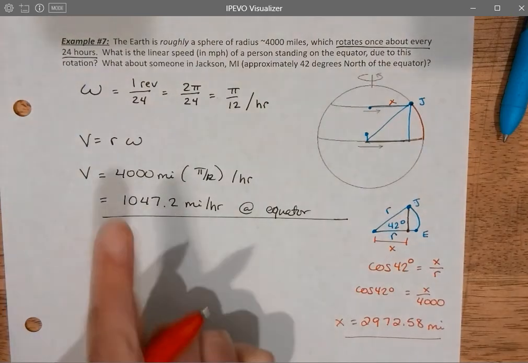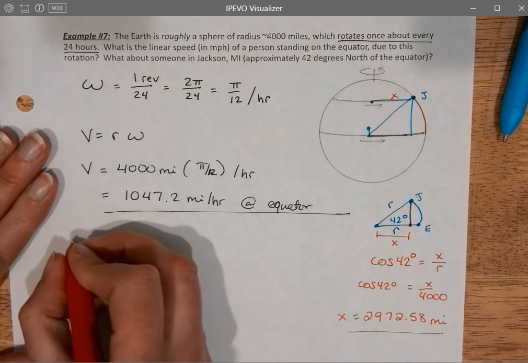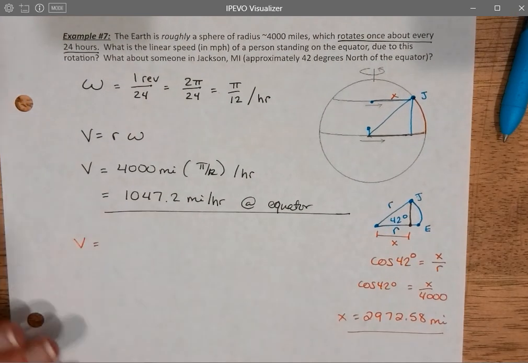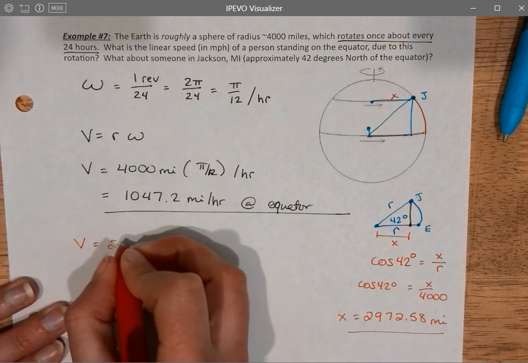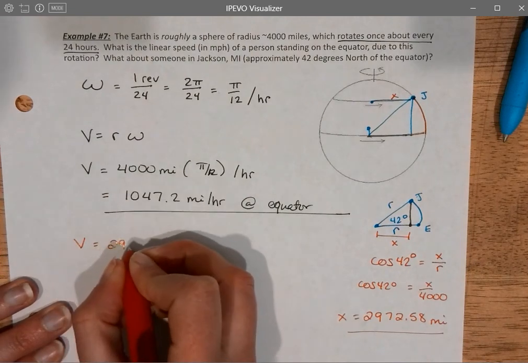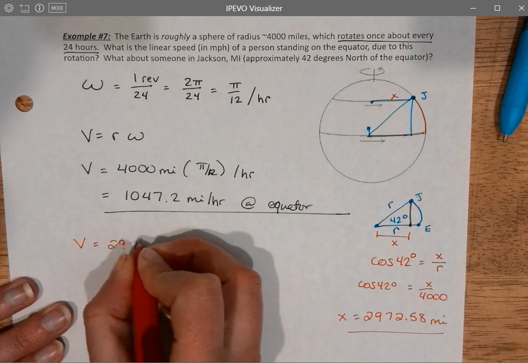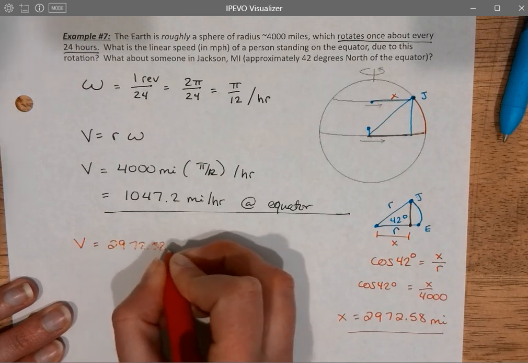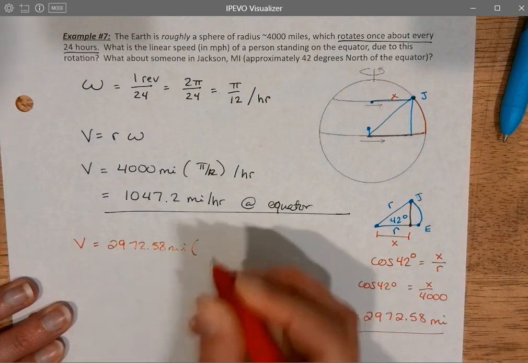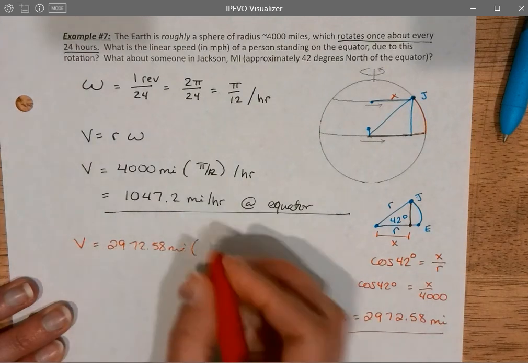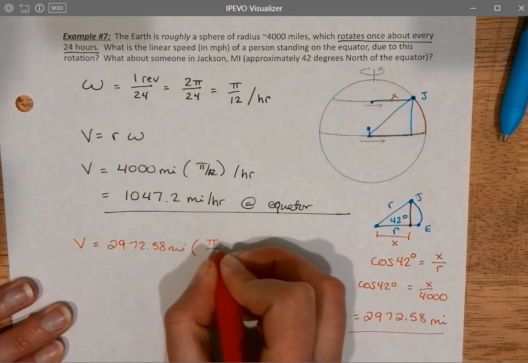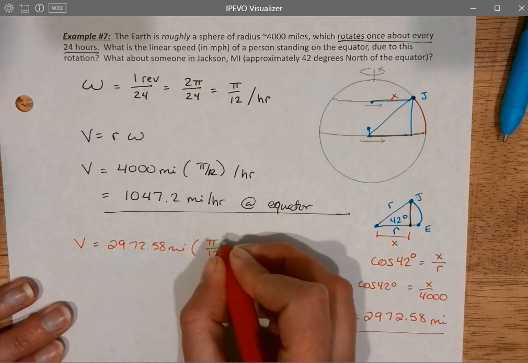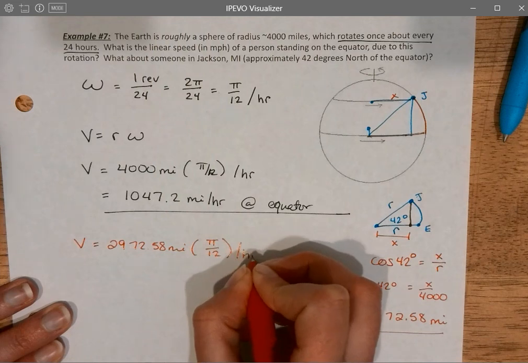So if I try to calculate the velocity for a person in Jackson in terms of linear speed, the radius instead of 4,000 is going to be 2,972.58 miles. The angular speed is still the same. I still have that I'm doing 1 revolution in 24 hours, or pi twelfths radians per hour.